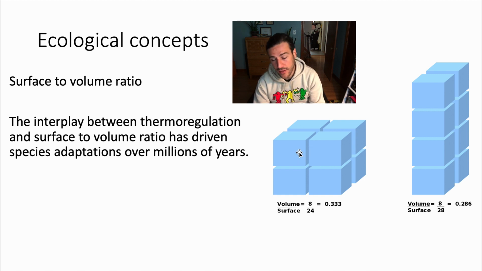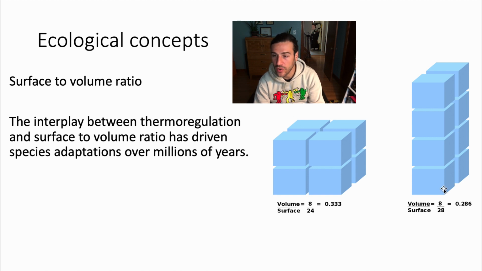So remember, these two shapes have the same exact volume. There are 8 cubes, but the shape actually changes the surface, right? This object on the left has a higher surface to volume ratio. There is more surface on this object than there is on this object.